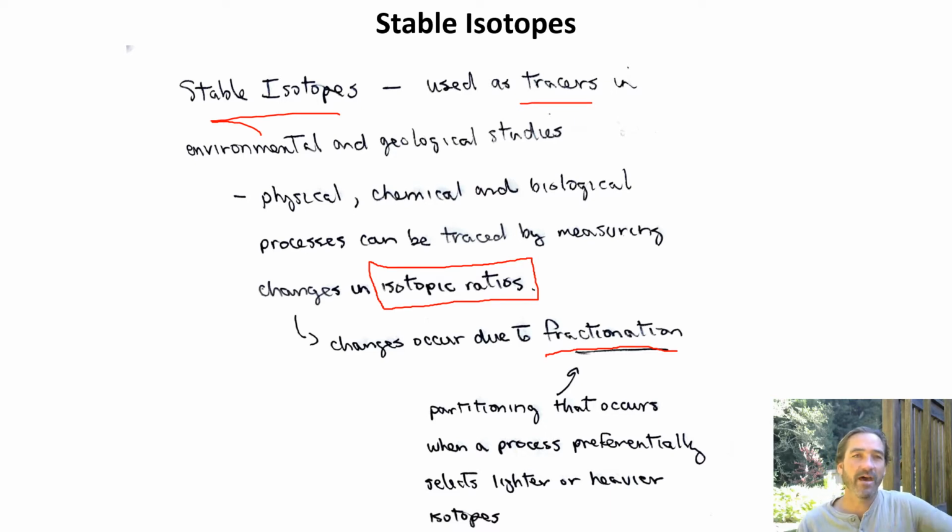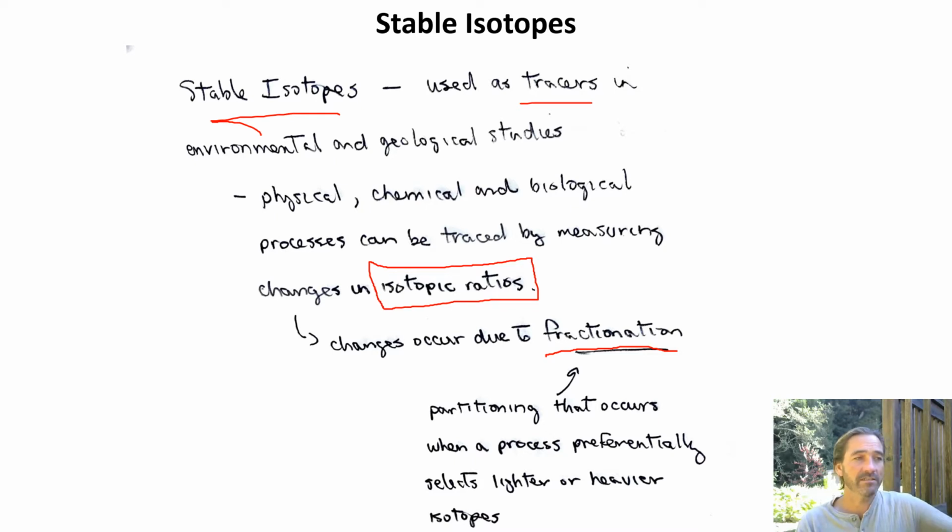And so because of that, say for denitrification, it will process nitrogen 14 faster, very slightly, but faster than nitrogen 15 that we would find in, say, nitrate. So over time, you get this fractionation and it can be measured.